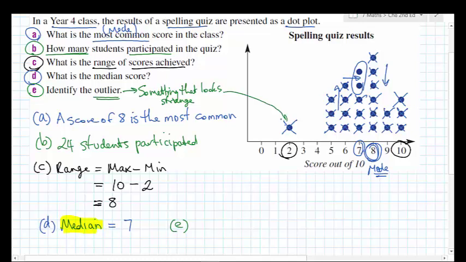So in terms of this, this is the point that looks like it lies out on its own compared to the rest of the data. So my outlier is a score of 2 that someone got. And so that's what we call an outlier from our data.